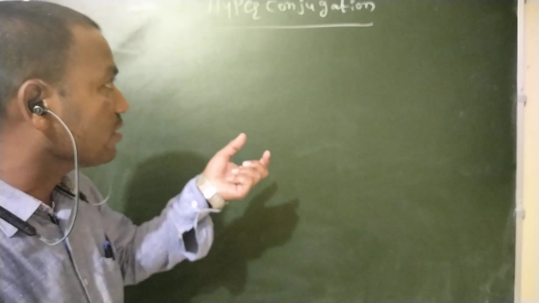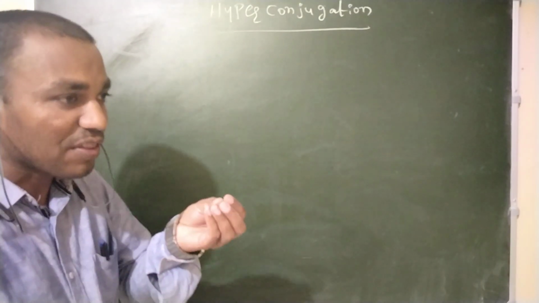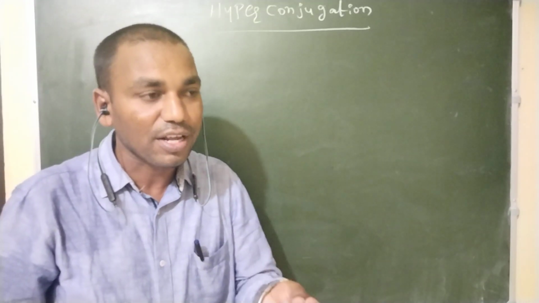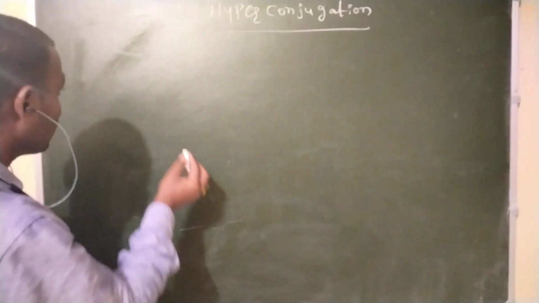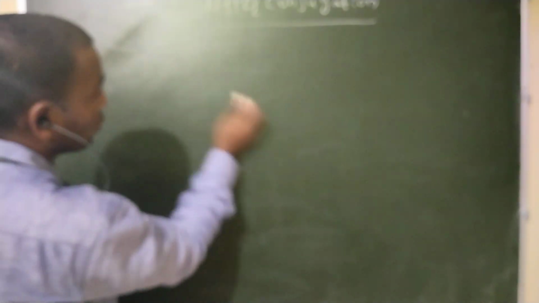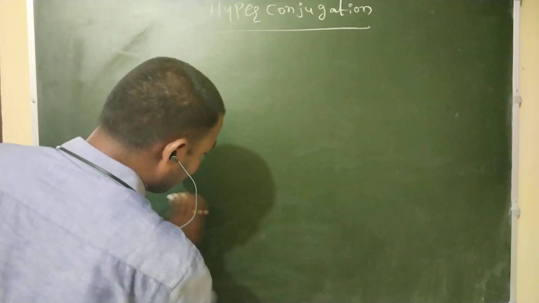We require this hyperconjugation effect to identify the stability of carbocation, carbon free radical, and double bond. So what is meant by hyperconjugation and its applications, we have to discuss now.